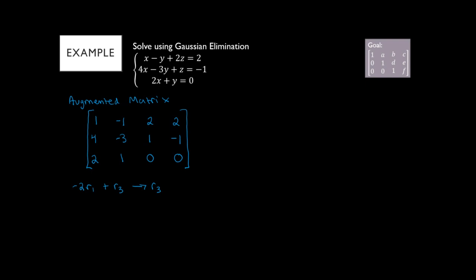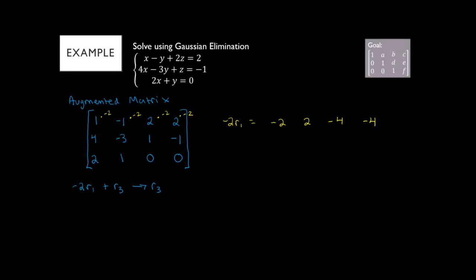So maybe an alternate way to show your work here is just to write down and multiply by -2 here to help me not make that same mistake I did before. So -2 times row 1 would give me -2, 2, -4, -4.